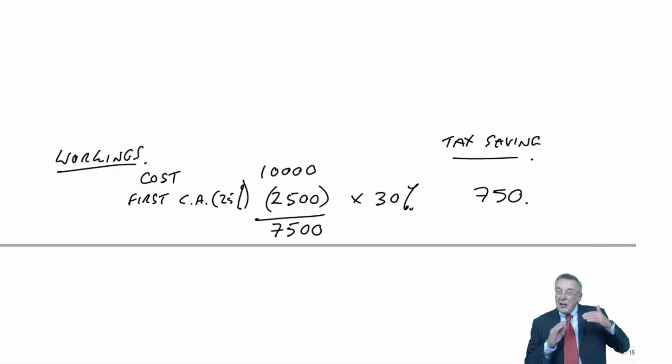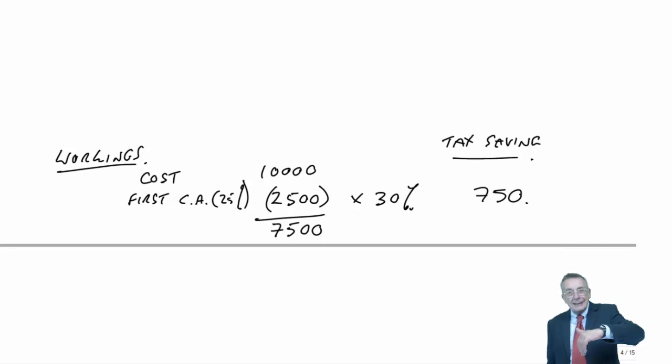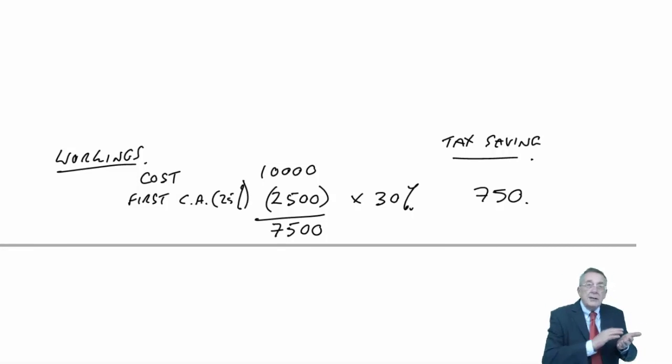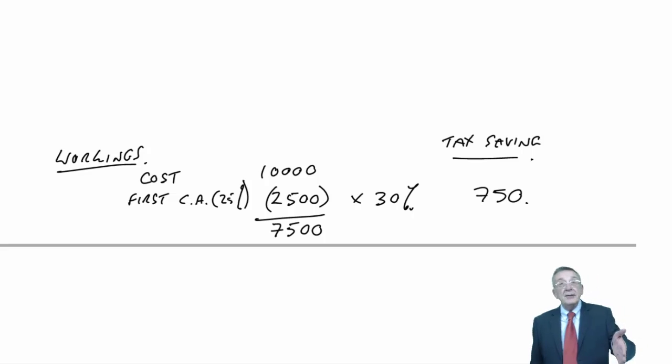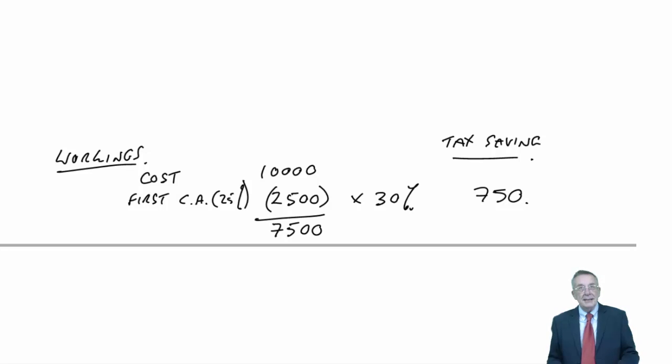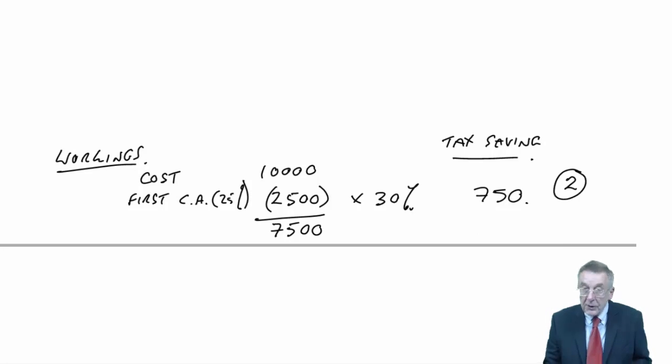And so the actual calculation of capital allowances will be at the 31st December, at the end of the first year, and it'll be deducted from the cash profit for the first year. So it'll actually be calculated at the end of the first year, time 1. But because there's a 1-year delay in tax, we'll actually get the benefit 1 year after that. So it's taking them 1 year before they actually calculate it. Another year, because of the 1-year delay, will make the saving, therefore, at time 2.